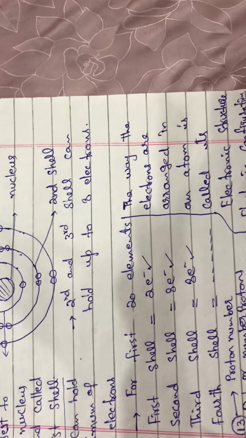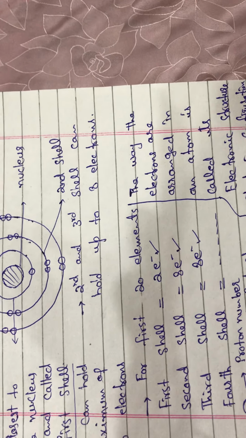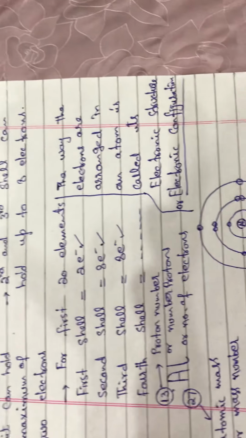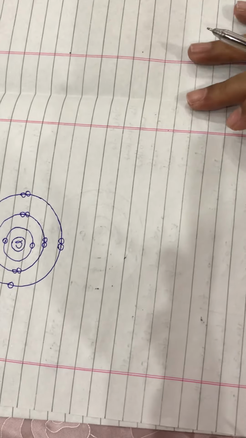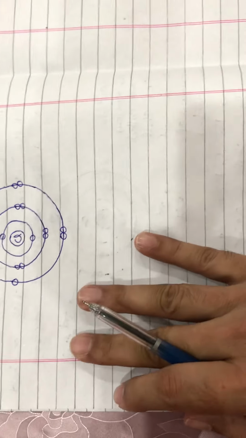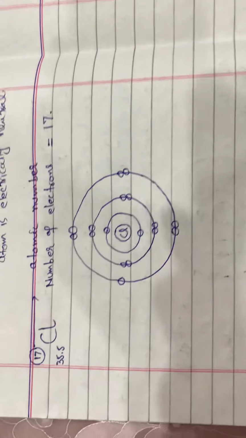You have learned the word electronic configuration. So we had discussed this one, electronic configuration, as well. So what can be the electronic configuration or electronic structure without drawing the shells?